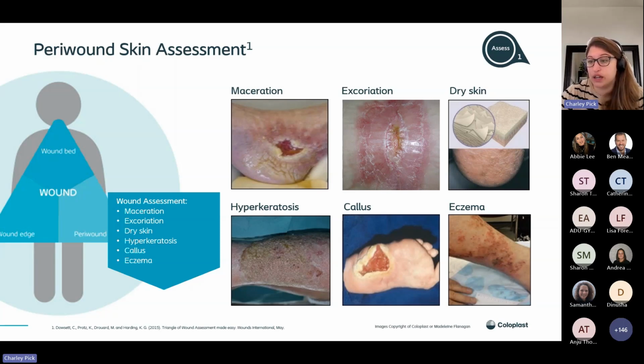It's basically devitalized tissue. There is no blood supply getting to that area, so it becomes dry and hard, so we need to remove that callus. And then eczema can also be a problem with that itch-scratch cycle, and can also be a symptom of patients that have got venous deficiencies.